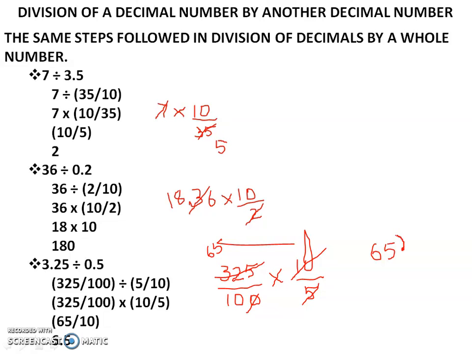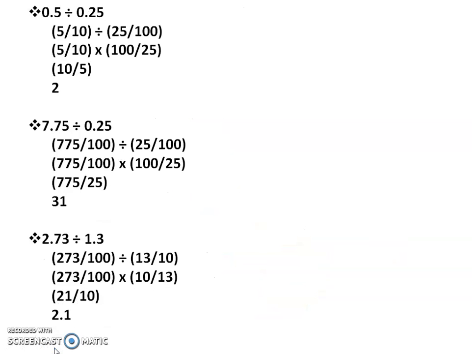So there it goes. So what is the final answer? You will get 6.5. Hope the concept is clear for you. So don't get confused. We have one more page to do. By that you will get the concept very clearly.